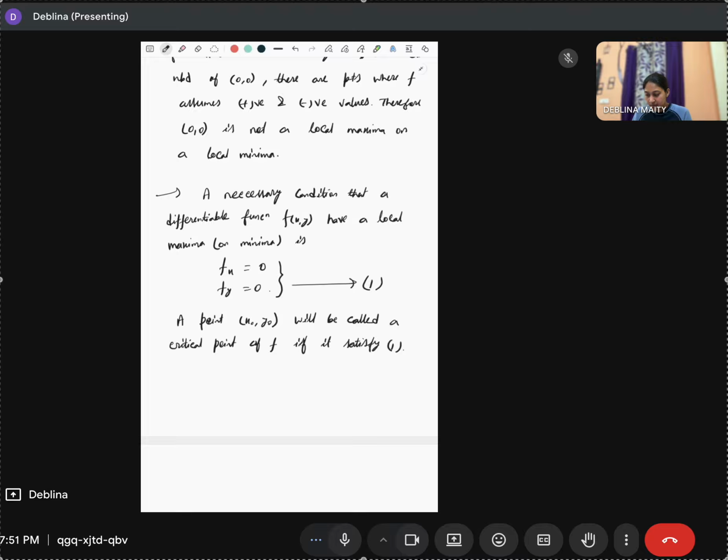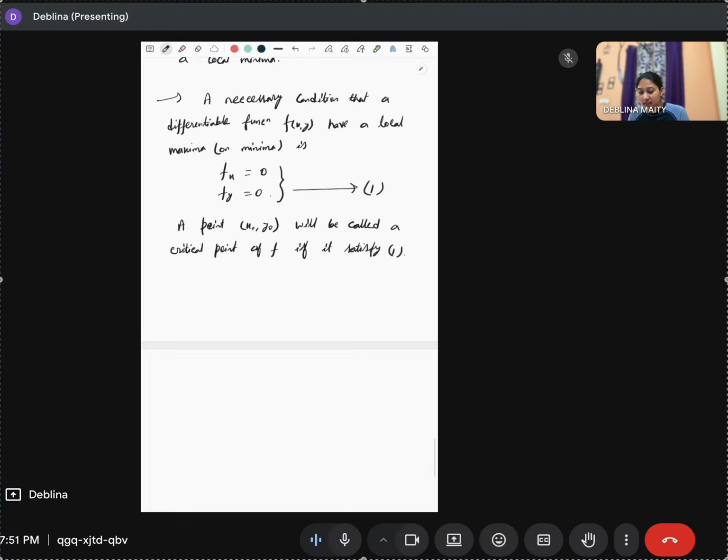So all the critical points may not be maxima or minima, but if it is a maximum point, it is a critical point. So first we will find all the critical points, then we will see whether each is maxima or minima. So first we will calculate all the critical points by solving fx equals 0 and fy equals 0. Then there are conditions.